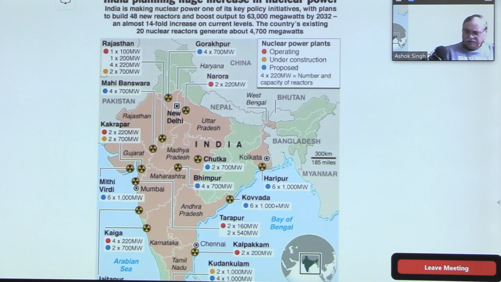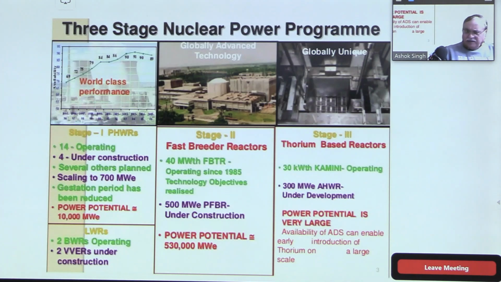If you look at the Indian nuclear program overall, this is one of the most important things that you should be familiar with. India, long time ago, 70 years ago in fact, prepared a 3-stage nuclear program.